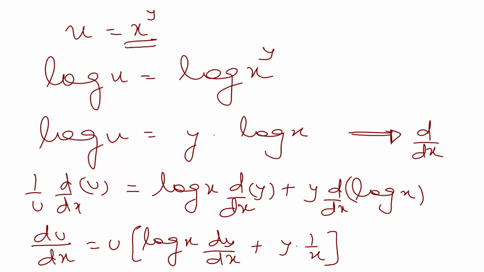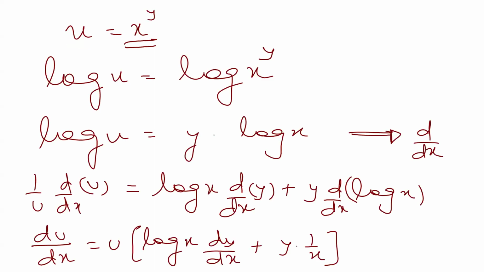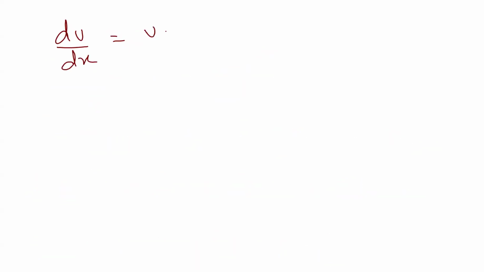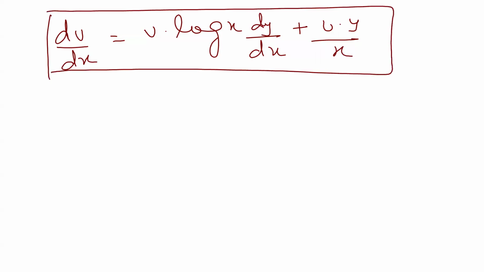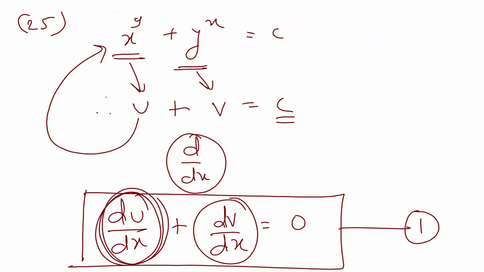So next step, du by dx is equal to u into log x dy by dx plus u into y upon x. So we got the value of du by dx. We needed this value.